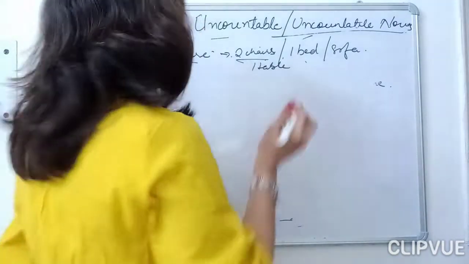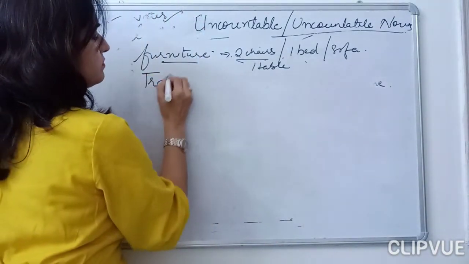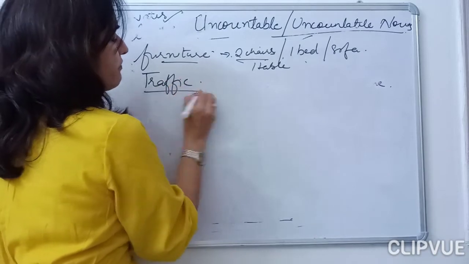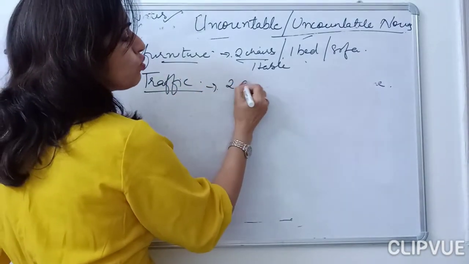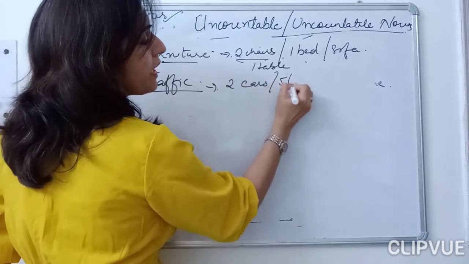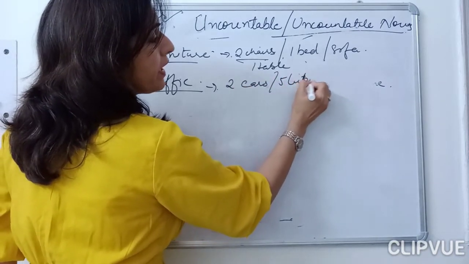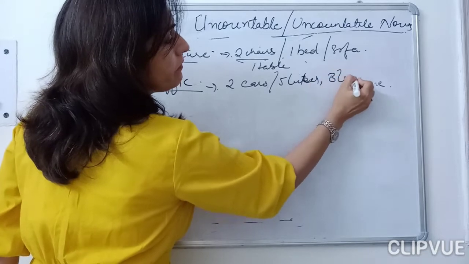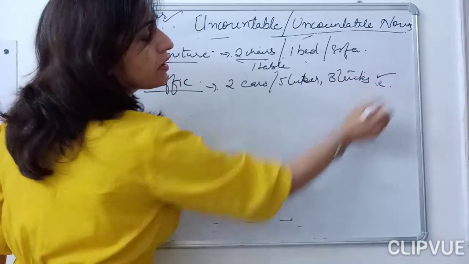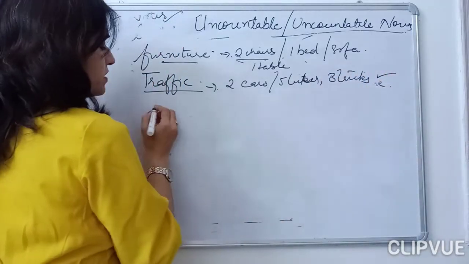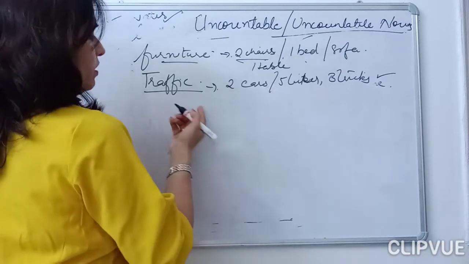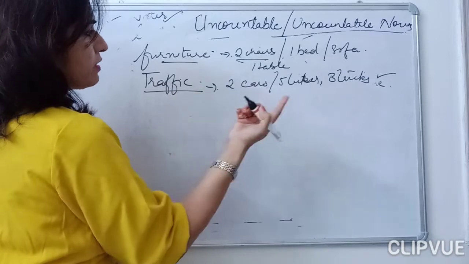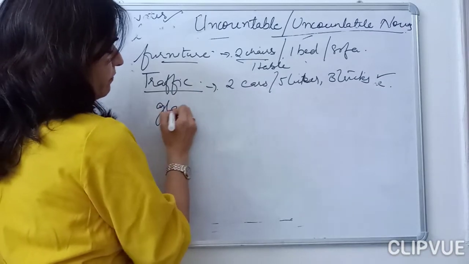Second, traffic. Traffic is again uncountable. But when I say 2 cars, 5 bikes, 3 trucks, it becomes countable.